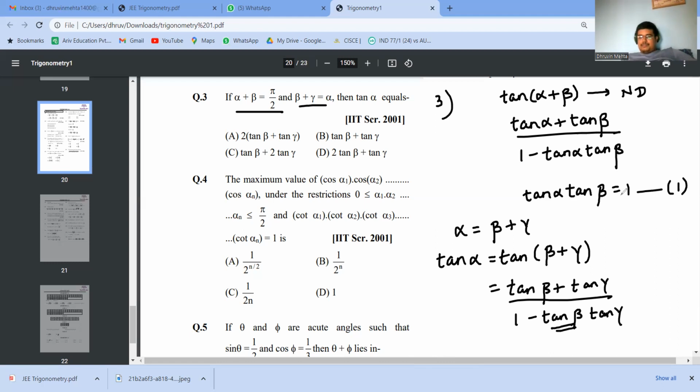From the first conclusion, 1 upon tan alpha. So let's substitute that.